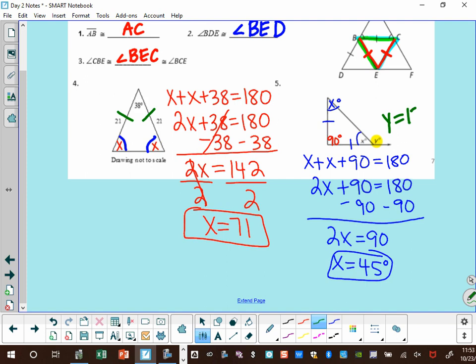You can also add 45 plus 90. Yes, you can do it that way too, since they're like the exterior angle and the opposite interior angles. So there are different ways that you can solve most of these problems.